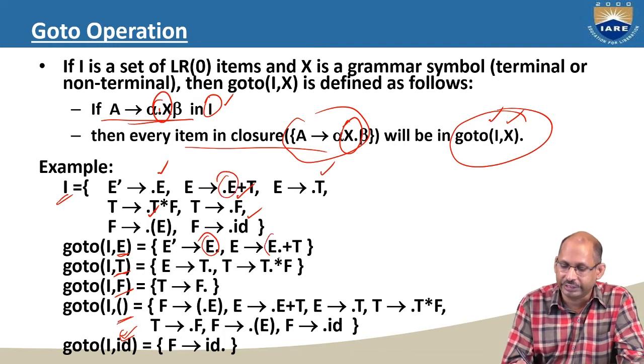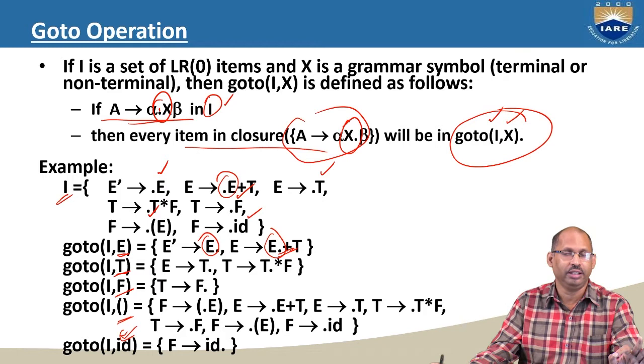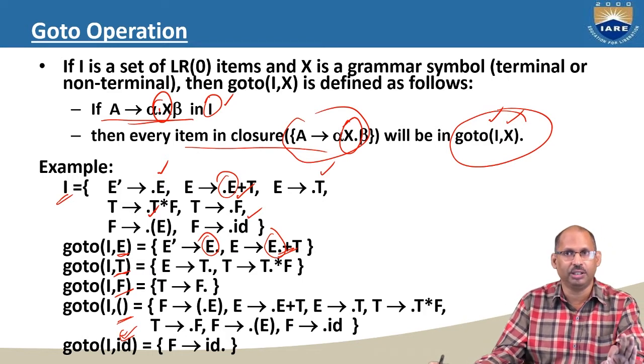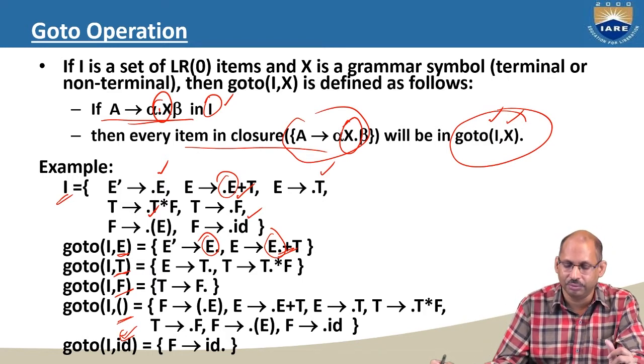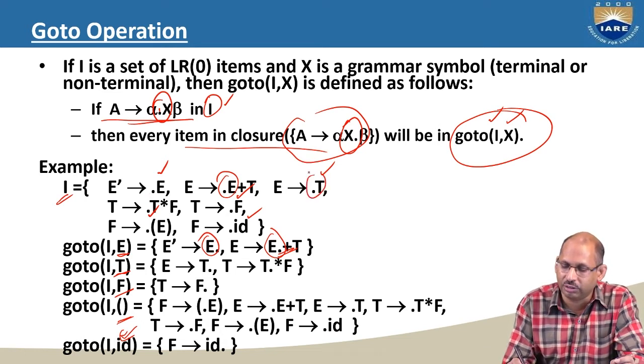The dot is followed by a terminal, so we won't add any more productions. Simply we stop. Then Goto(I, T): the dot T becomes T dot.